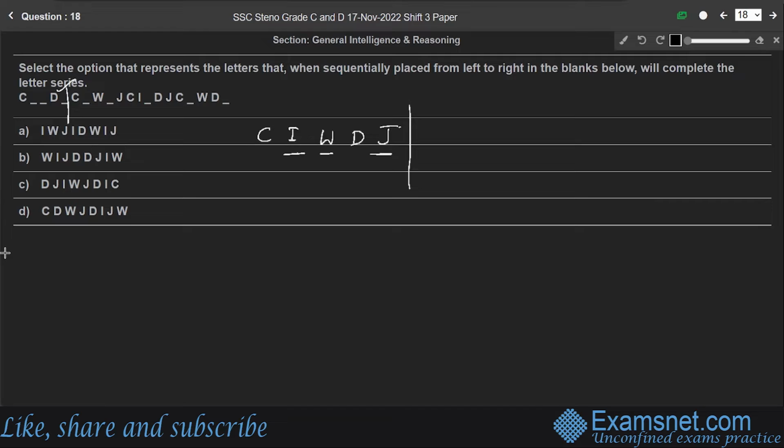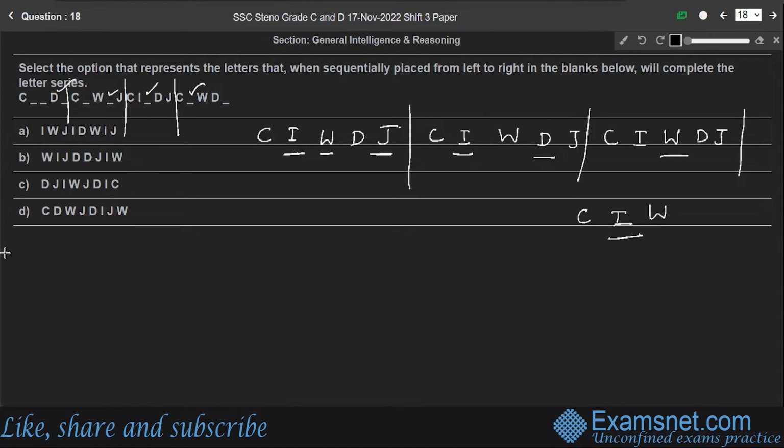Again we have C, then a blank filled with I, then W. Next again we have D, and next we have J. So again it repeats this sequence. C, I is already given, so we fill the next blank with W. D, J is already given. Again we have C, so fill the next blank with I, and W, D, J at the last blank.